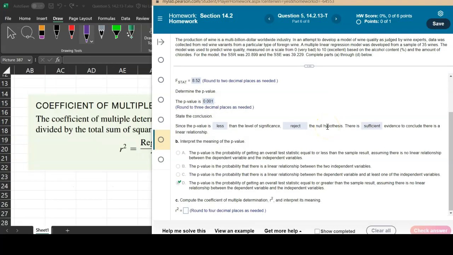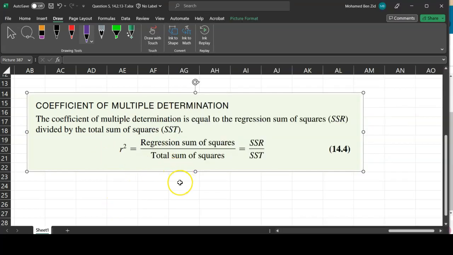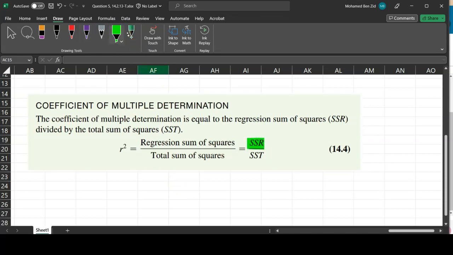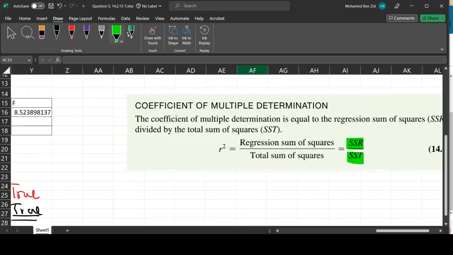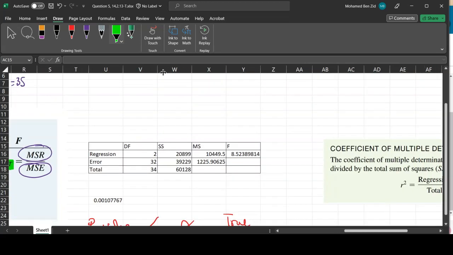All right, question C, we were looking for the coefficient of determination, R squared, and then we want to make an interpretation of its meaning. This is the definition of R squared: the sum of squares regression divided by the sum of squares total. We have all the values in the table.